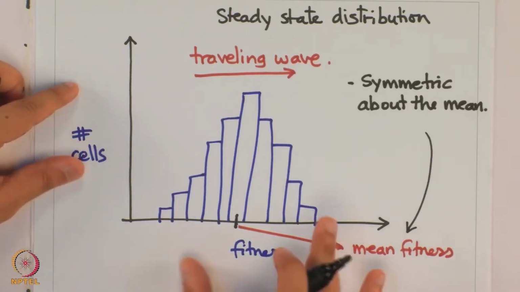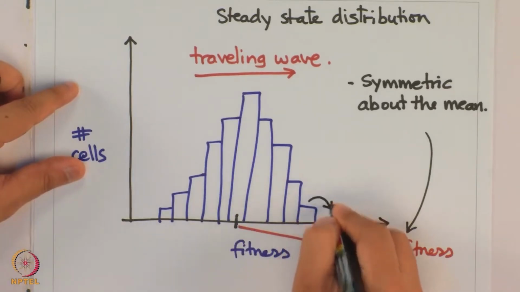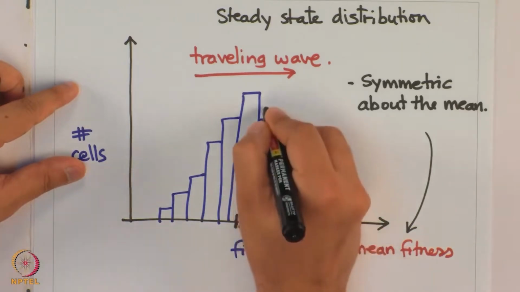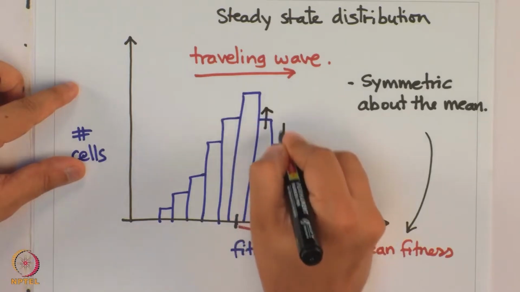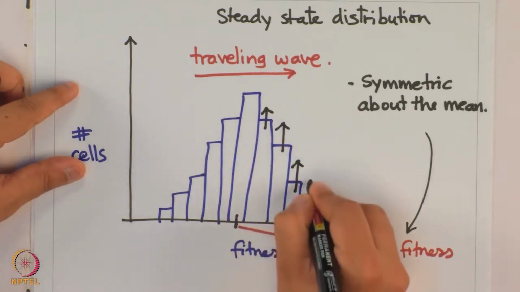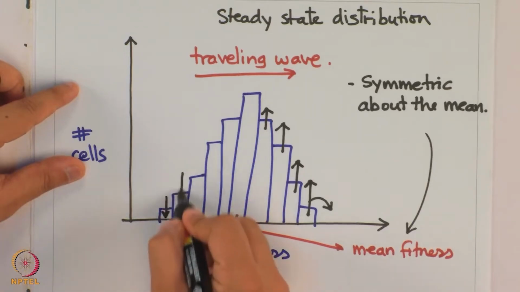Now we have new mutations occurring, which means this normal distribution is moving to the right as new mutations occur. In addition, selection is acting, and the frequency of those genotypes whose fitness is more than the mean will increase with time, and the frequency of those genotypes whose fitness is less than the mean will decrease with time.